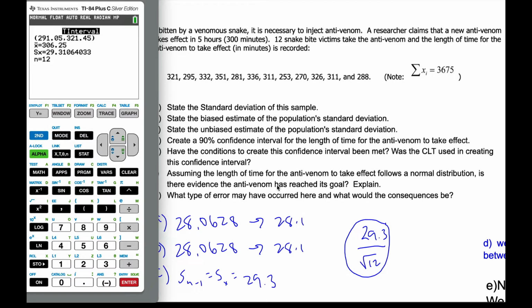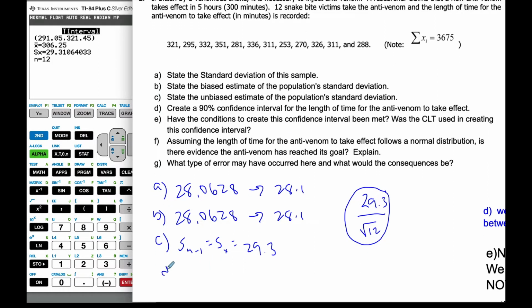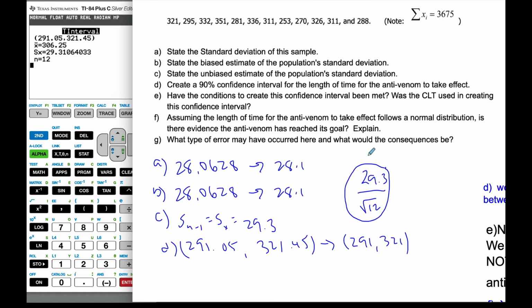And so my confidence interval is 291.05, comma, 321.45, and I will write that to 3 significant figures, 291, comma 321 minutes.